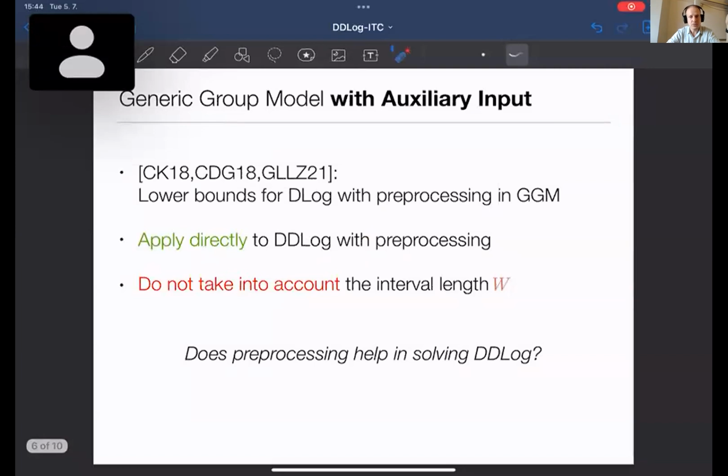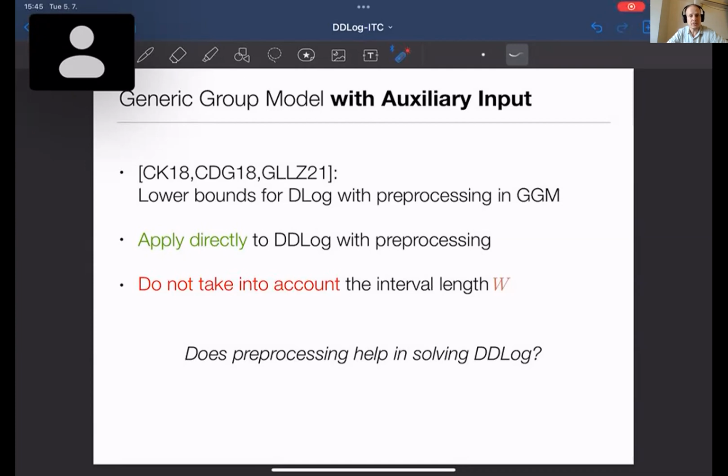Now, this brings us to the information theoretic part of our results. So we analyze this problem in the generic group model with auxiliary input. There's a line of work started by Corrigan-Gibbs and Kogan, and then later refined by Yevgeniy Dodis and his co-authors, among whom was Siyao Guo.